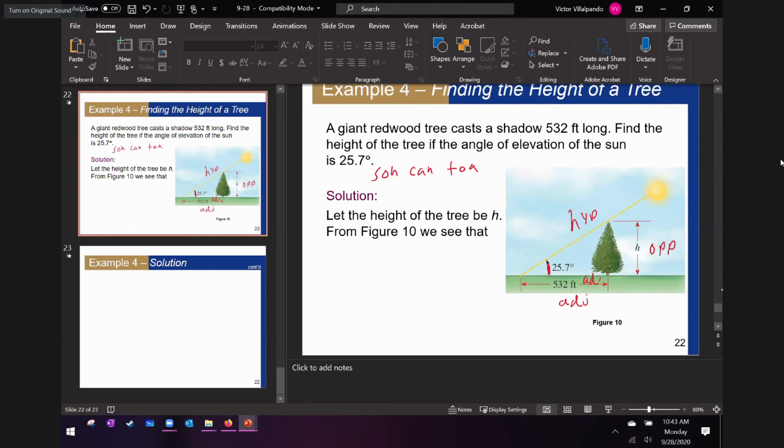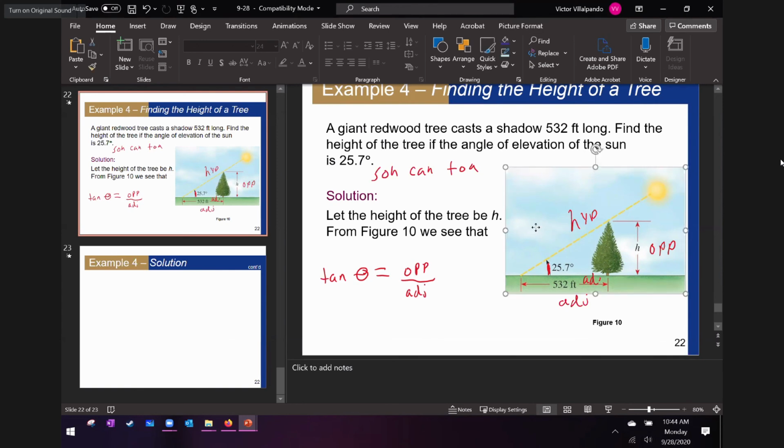The most obvious one and the only one that makes sense is tangent, because tangent of theta is opposite, which we're interested in finding, over adjacent, and we have adjacent already to be 532. So I'll write adjacent for those of you who are new to this. We already know theta. We know the angle is 25.7.